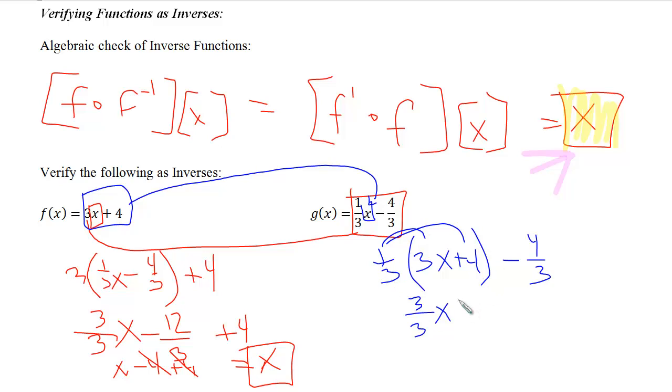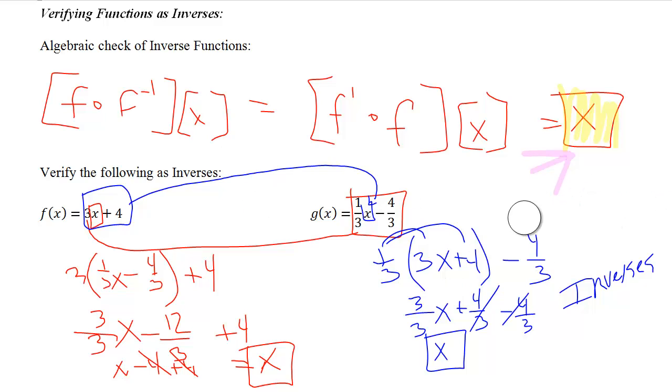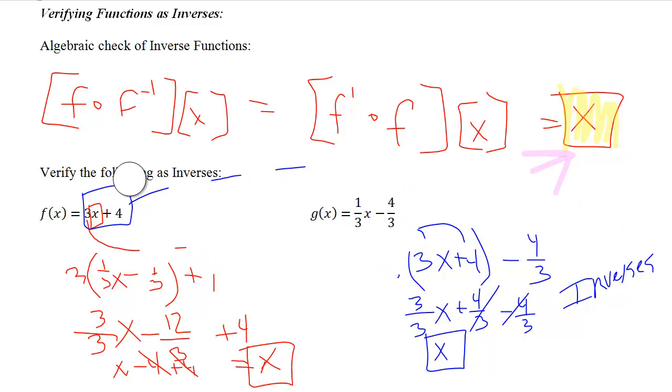And then 1/3 of 4 is 4/3 minus 4/3. This is 1 plus 4/3 minus 4/3. This cancels, and I'm left with just x. So these two are inverses.